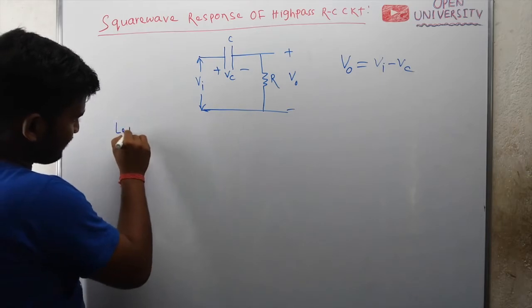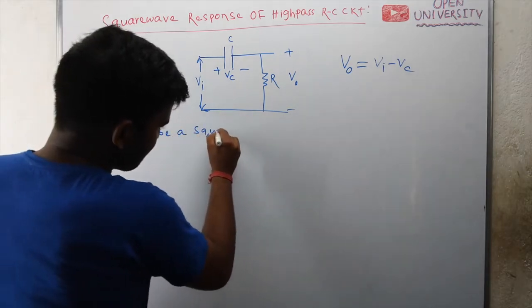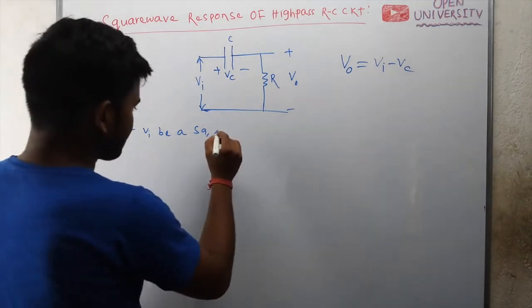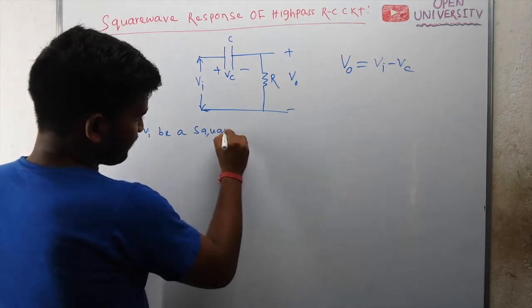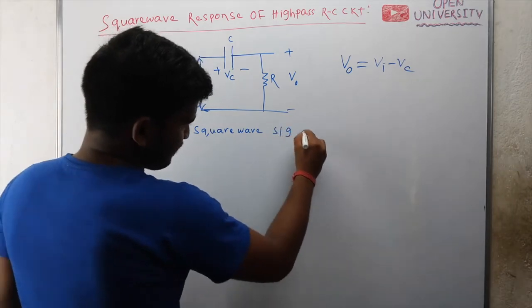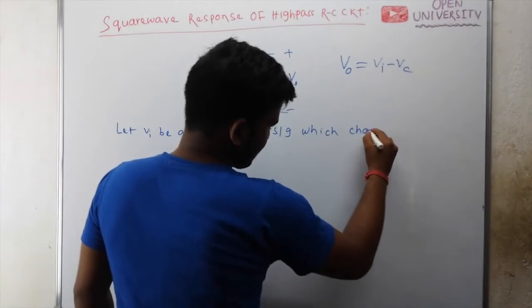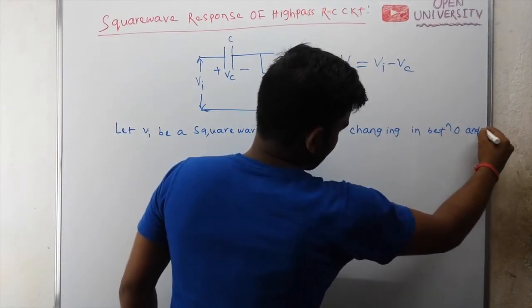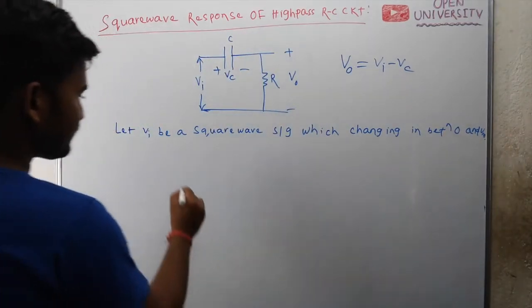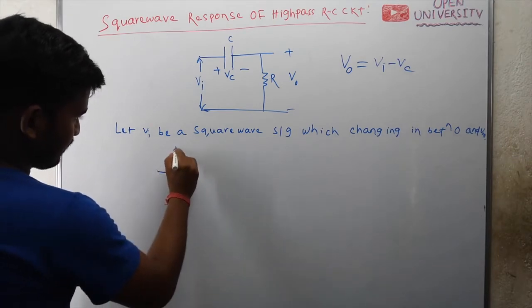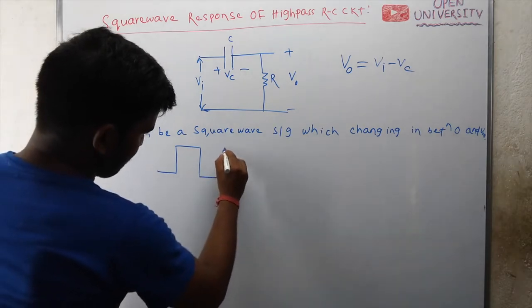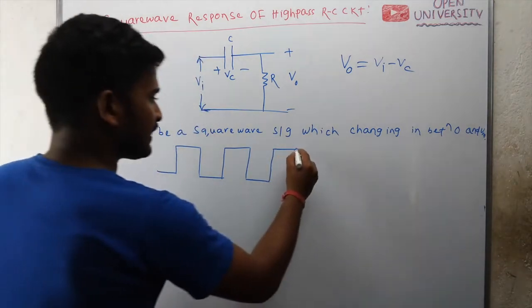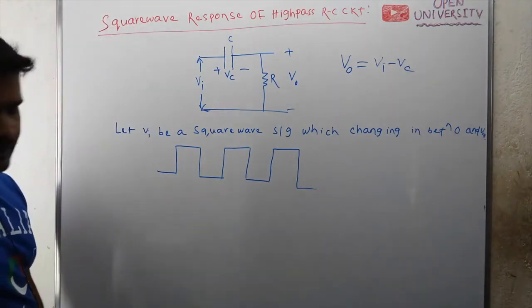Write down this point: let the input VI be a square wave signal which is changing in between 0 and Vm. Let this be your input signal waveform.